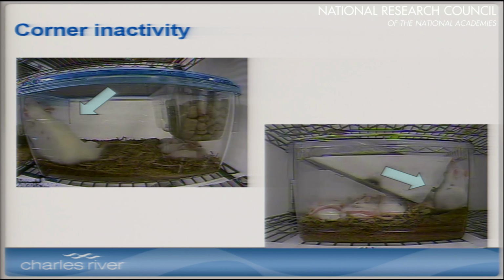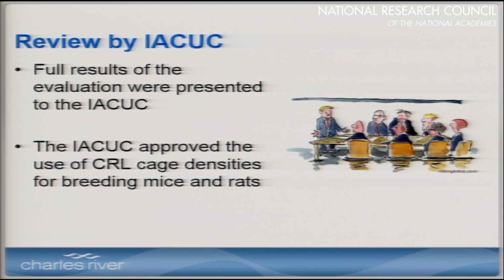It was seen in every cage type. And if you had to anthropomorphize, it seemed to be saying, I need a break. The pups are okay, and I'm going to go over here in the corner for a while. It was seen in the largest cage, so space alone was not the primary determinant, but it was most frequently seen in the smaller cage.